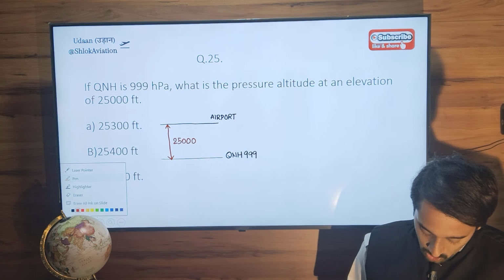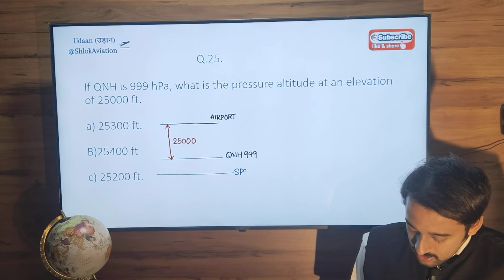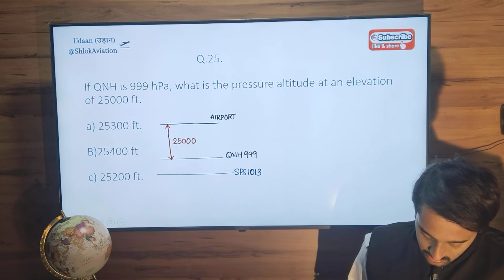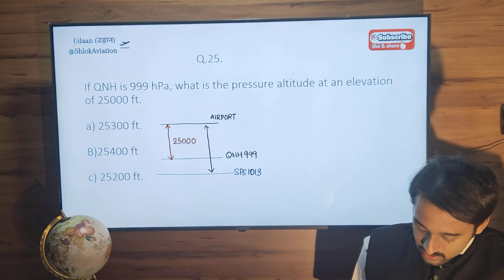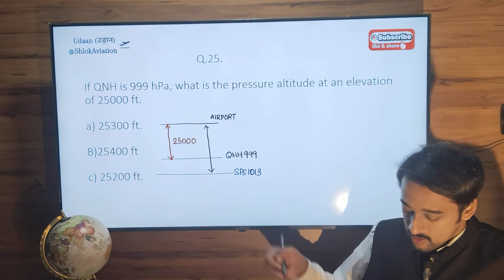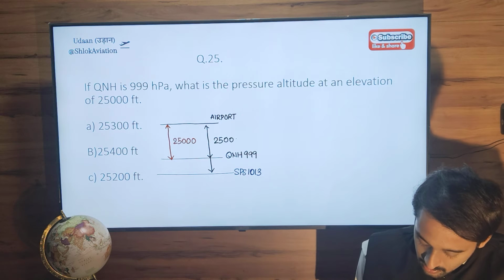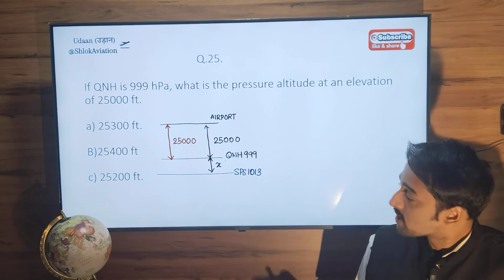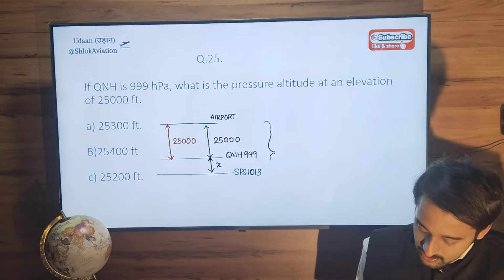And we have to find pressure altitude. Pressure altitude will be measured from standard pressure setting 1013. So we have to find this pressure altitude, which will be made of 25,000 plus x. So total pressure altitude we have to find.